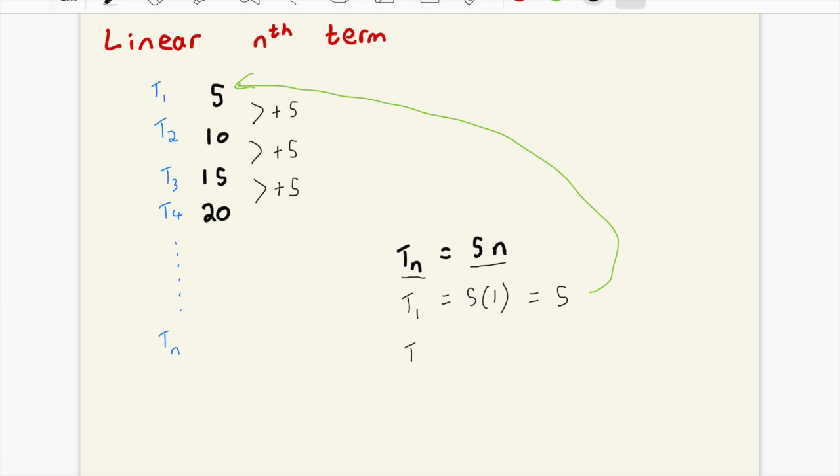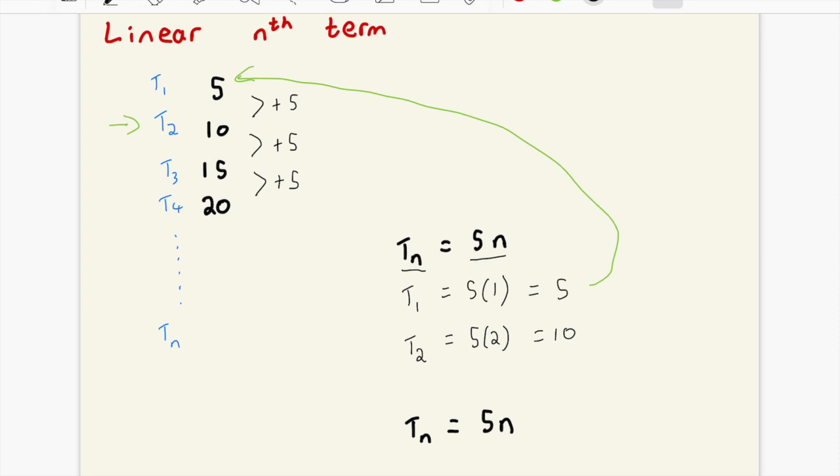Let's test the second term. So T2 is going to be 5 multiplied by 2, which is 10. And again, that matches our second term in the sequence. So now we know that our equation for the nth term is simply Tn is equal to 5 times n for this sequence. However, this may not always work.